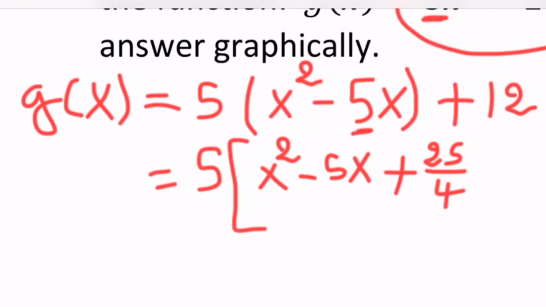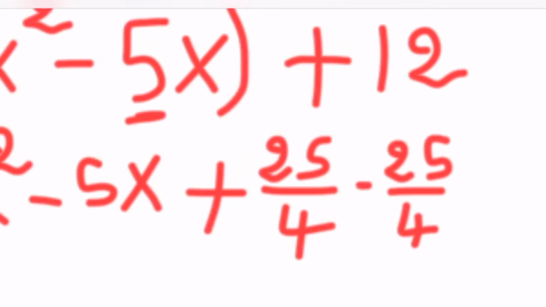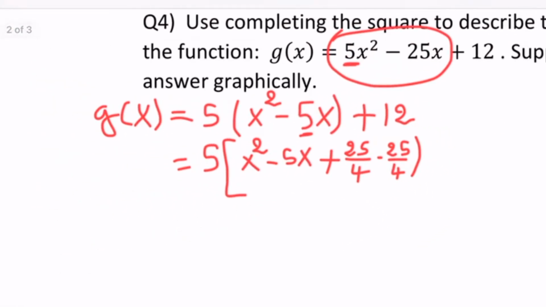You add it and you subtract it, 25 over 4. Then you close your bracket. Right, so I don't need this bracket here. Just a normal bracket. Plus 12.